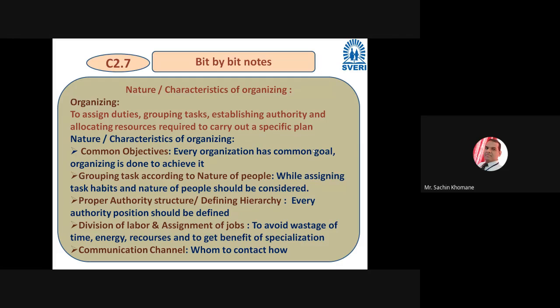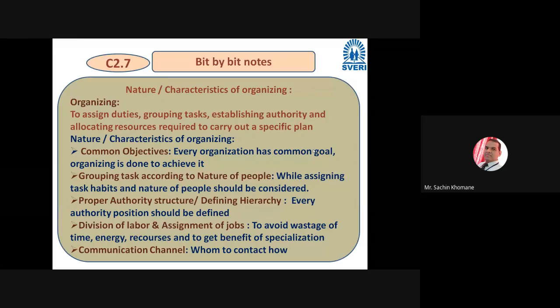Then you can avoid the wastage of energy. You can avoid the wastage of resources. And if you are having certain expertise and you allocate to certain person, then benefits of specialization. So a person is very expert in welding, his specialization is welding, so definitely you should allocate that person to the welding field only.